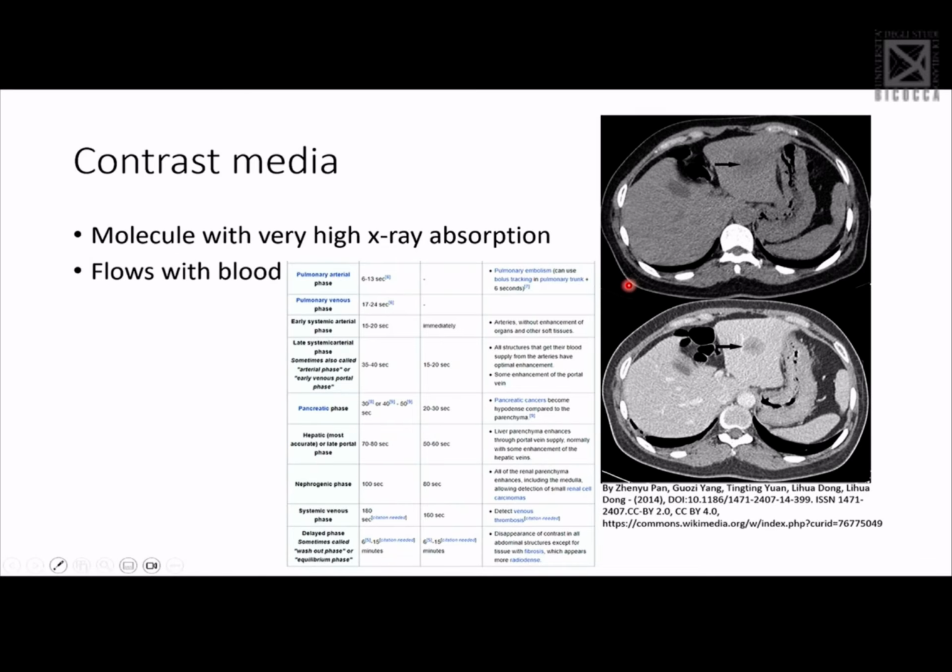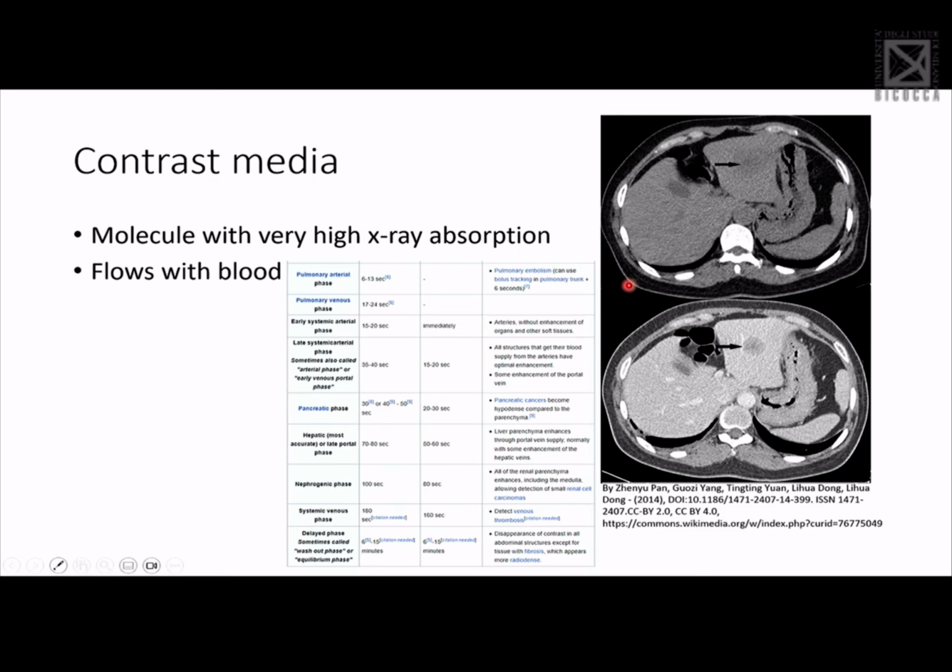So the way that this can be improved is by using what's called contrast media, which is a molecule with the property of moving with the blood. It doesn't do much biologically, so these molecules just stay in the blood.